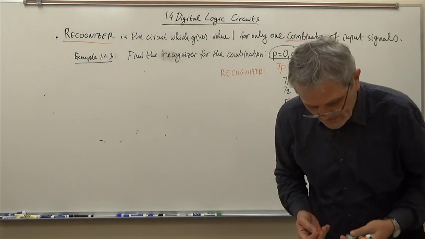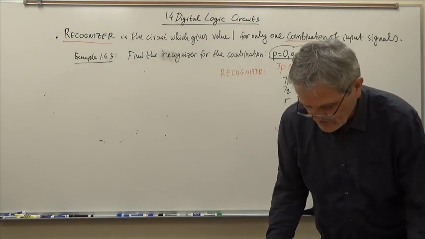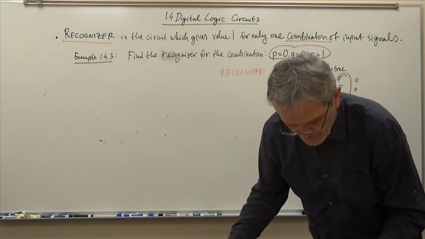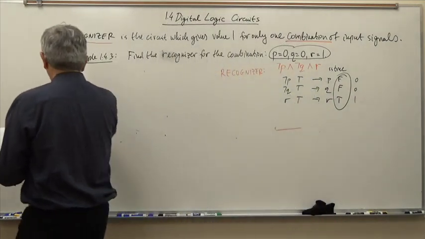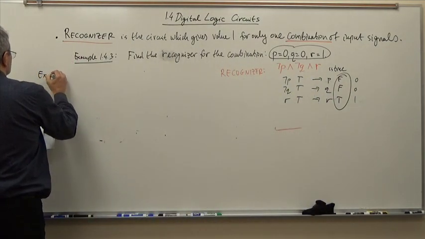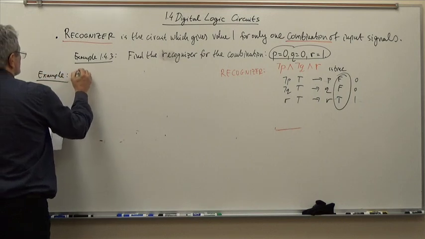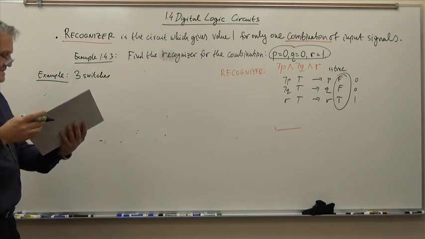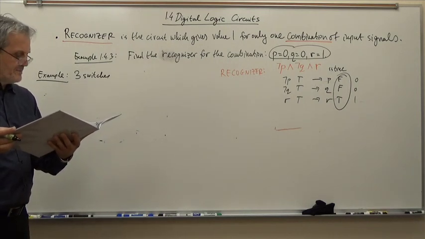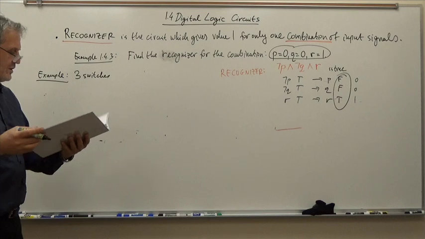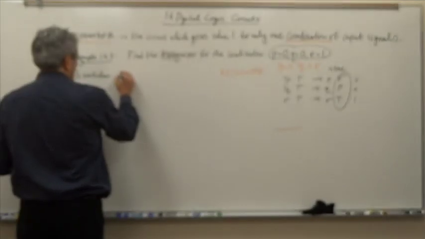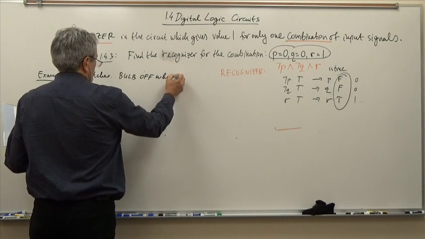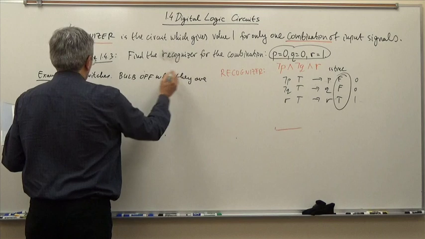And let's see how that will serve us to construct particular circuits. So here is an example. We have 3 switches. Design a circuit so that the bulb is off when they are all off.